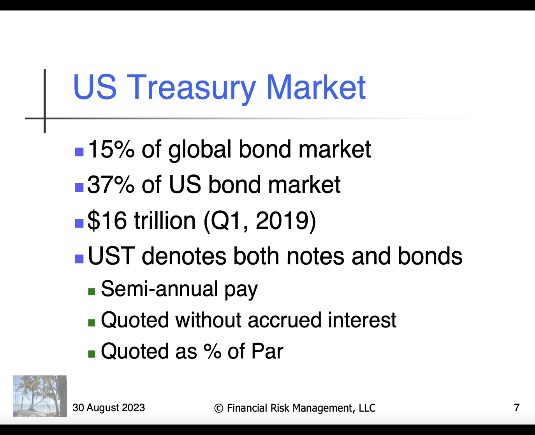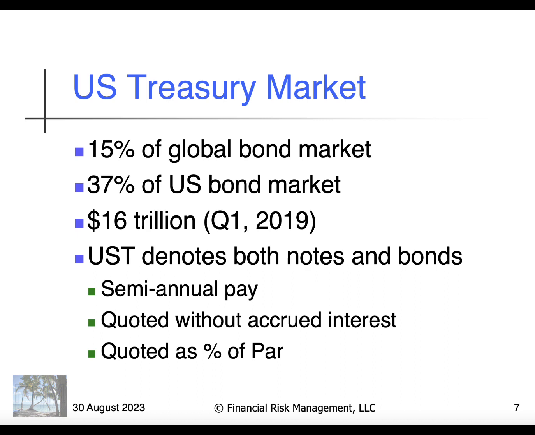The U.S. Treasury market is 37% of the U.S. bond market, and as of Q1 2019, it's about 16 trillion in size. As of this recording, obviously that number has dramatically increased in light of the pandemic and fiscal deficit spending.